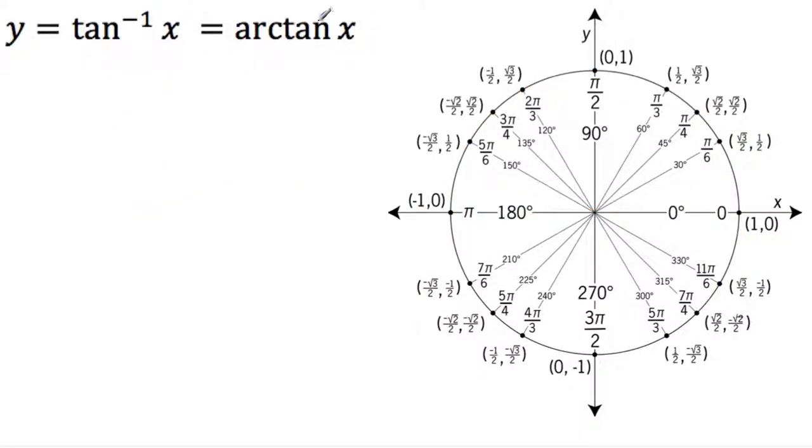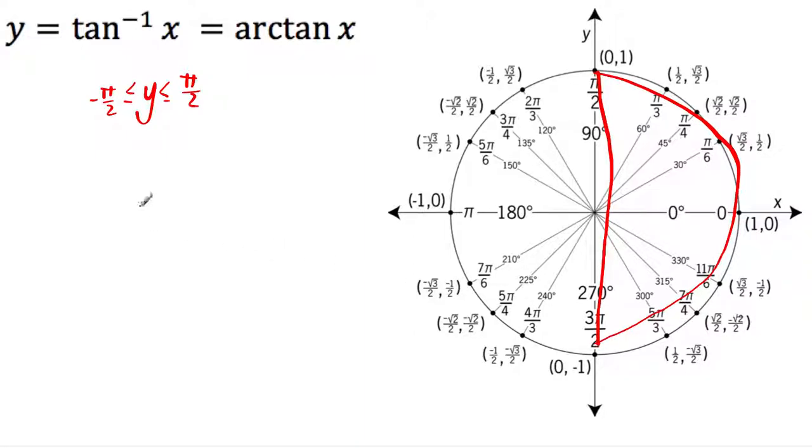Tangent's going to be nice and simple. So for tangent, the range is actually the same as our sine function, so this whole area there. And the domain is going to be all real numbers.